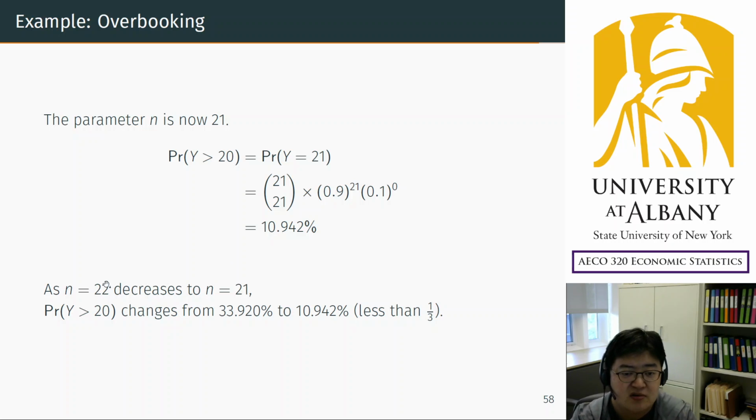Here, just one change by 1 reduces the probability to less than 1/3, right? So a small change in the parameter can have a huge impact on this probability. The binomial distribution is quite unintuitive.